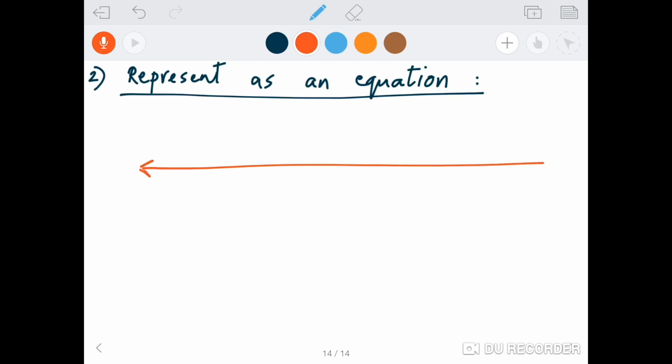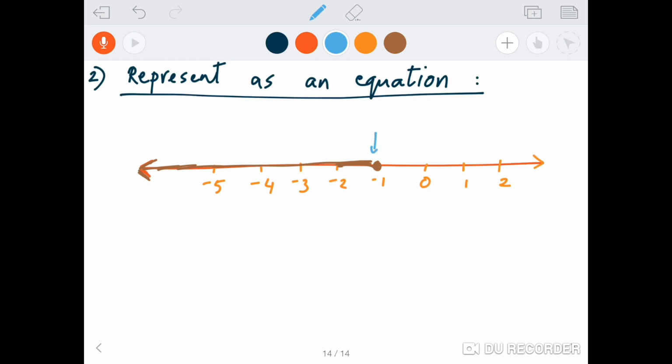If you look at the diagram that is given, I'll quickly put that up for you. I have minus 1, minus 2, minus 3, minus 4, minus 5, and then a full circle has been put at minus 1, which means minus 1 is included, and everything to the left is shaded.